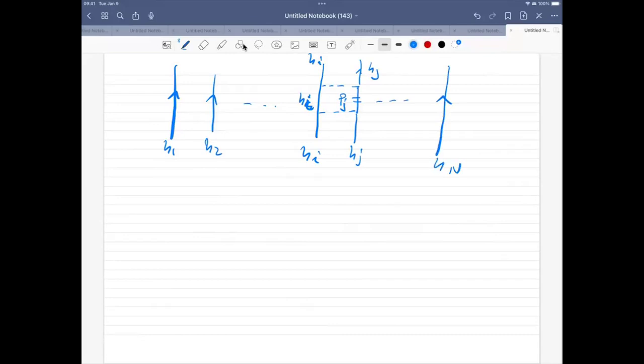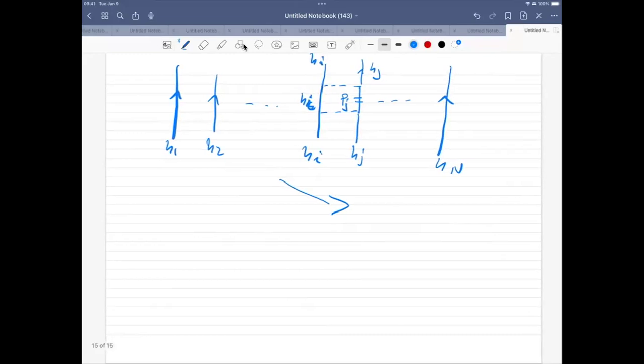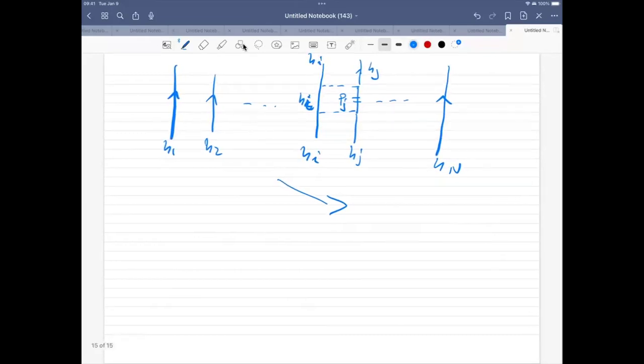Now, in the particle-hole formalism, this would translate into the following type of diagram, because now we have an ingoing hole line, an outgoing hole line, and we could translate this by looking at the intermediate state which we have here.